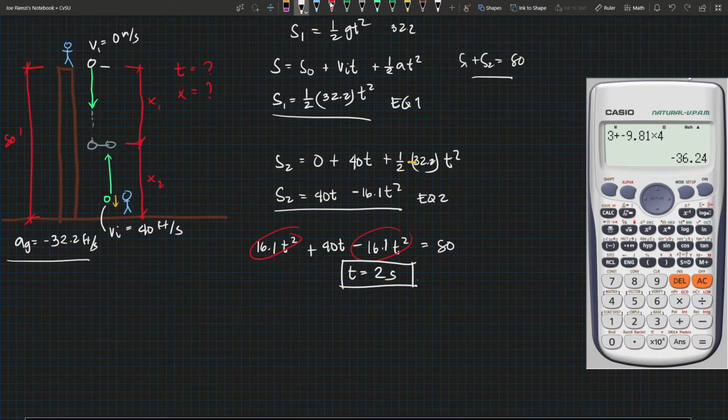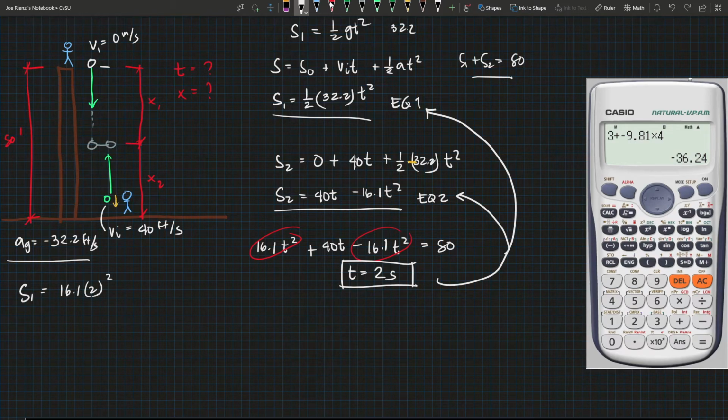Second question again is saan sila? Kung ano man yung point of reference, mula sa baba, mula sa taas. Madali na lang yon. Substitute na lang natin siya either dito or dito sa second equation. Halimbawa S1: 16.1 t squared, 2 squared.